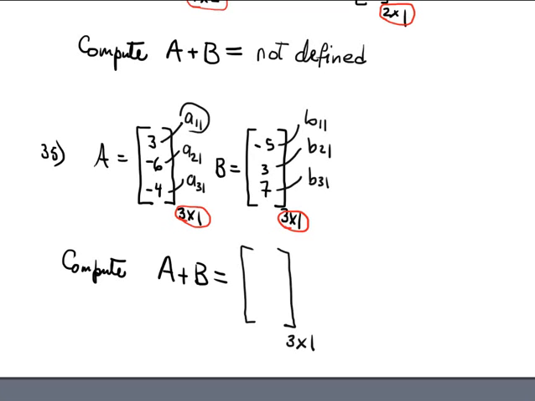You add this plus this algebraically, 3 minus 5 minus 2. Likewise, this plus this is negative 3, and this plus this is 3. And this is the answer, which corresponds with option B.